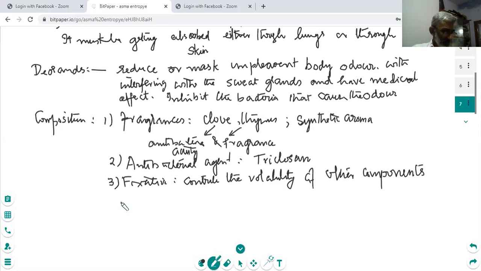The fixatives which are generally used are dipropylene glycol and diethyl phthalate.